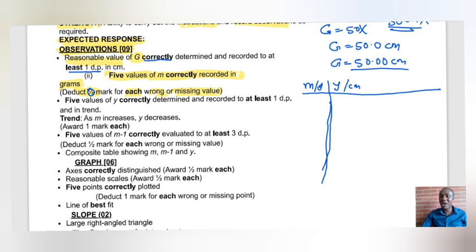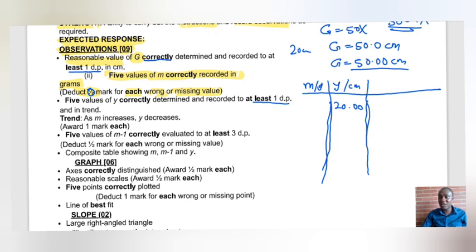I'm going to have 5 values of it recorded there, because I have 5 values of M, to one decimal place. So for instance, if my Y was, let's say, 20 cm, I must record it to at least 20.0. If I decide to make it 20.00, it's fine, because it's at least one decimal place.